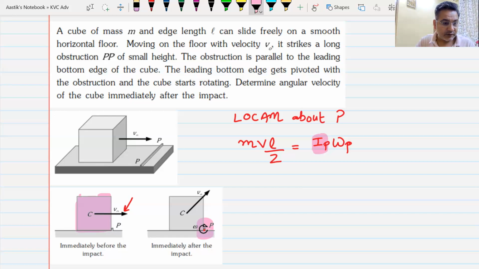You have forgotten the moment of inertia of a cube. Obviously, I did not tell you how to find out the moment of inertia of a cube. I know that. But then I told you that you must know the moment of inertia of everything that is possible. How will you find out the moment of inertia of a cube? See, a small thing, if I don't tell you, you're not able to find it out.